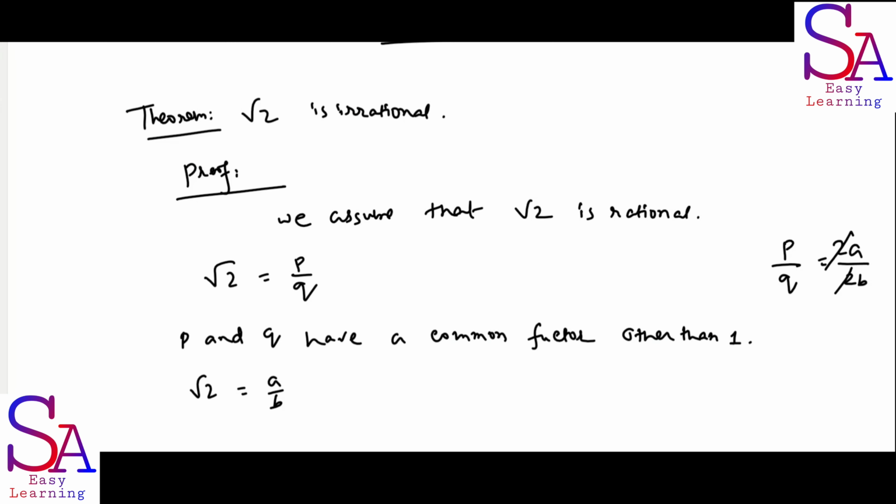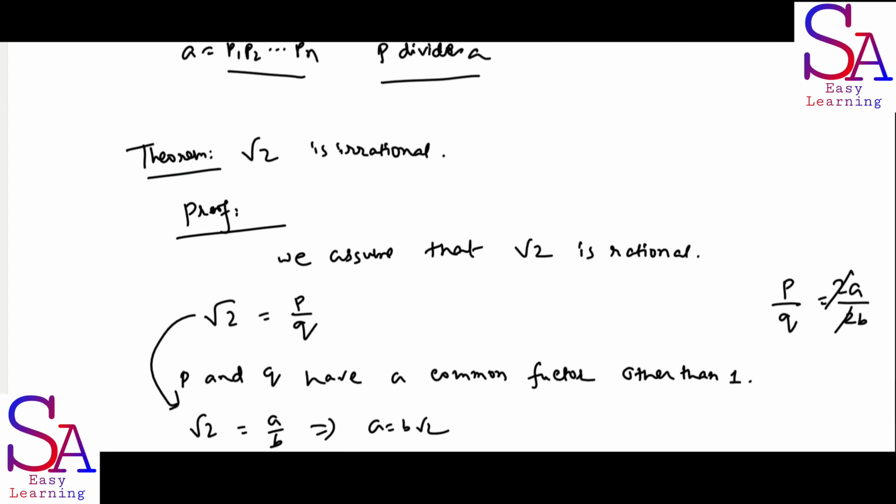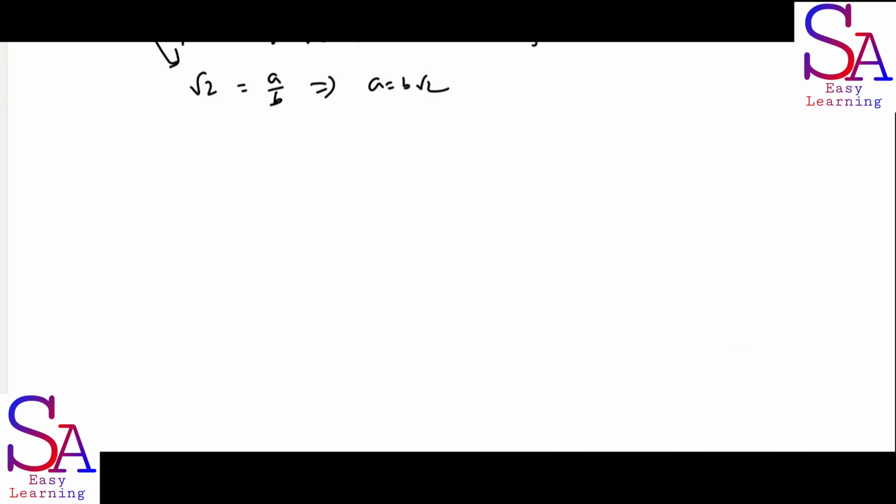So 2 cancels out and root 2 can be written in a by b form. From this we can write a equal to b root 2 by cross multiplication. Now square both sides, that is a square equals 2b square.